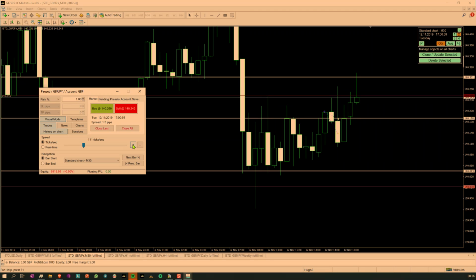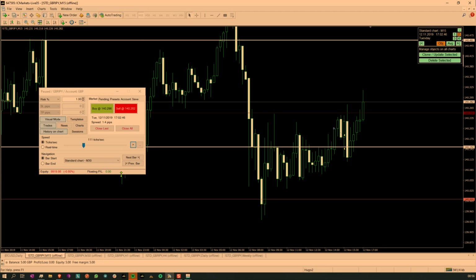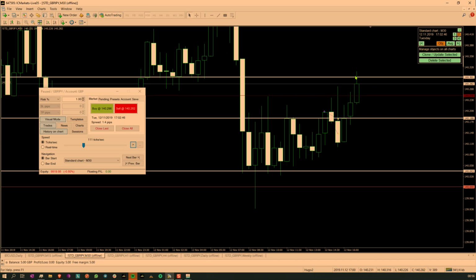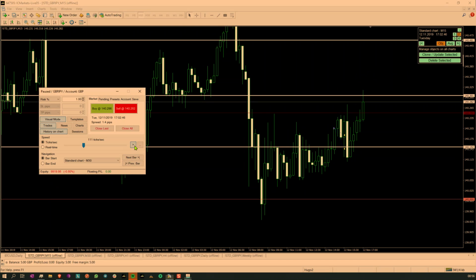Okay, okay. So we reached that zone. And that zone, let's see. We need to close above it. Let's see the M15. So, let me clone the zone to the M15.